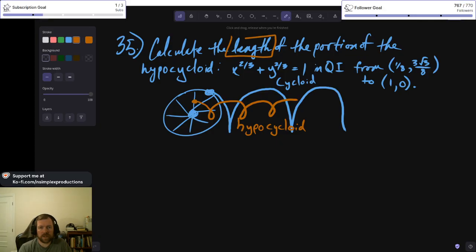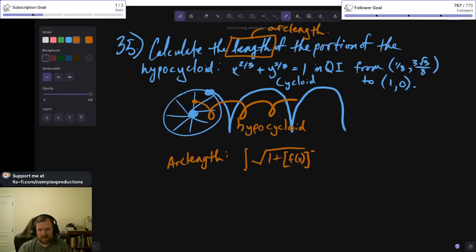Right, so in this particular case, we're looking for arc length. And typically, f'(x) squared, I think that's how we usually run it.